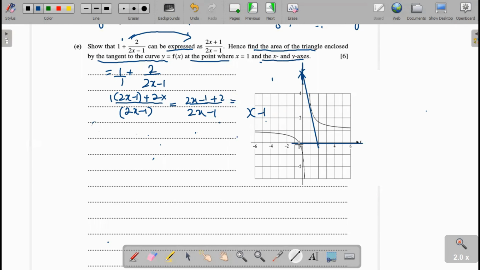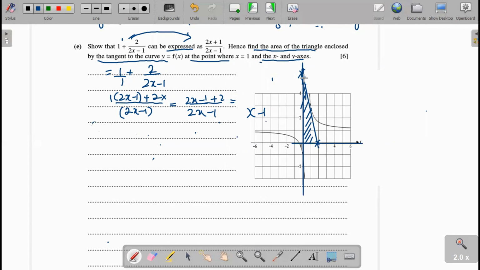This line is the x-axis and this is the y-axis. Firstly, we have to find these 2 points, the x-intercept and y-intercept.